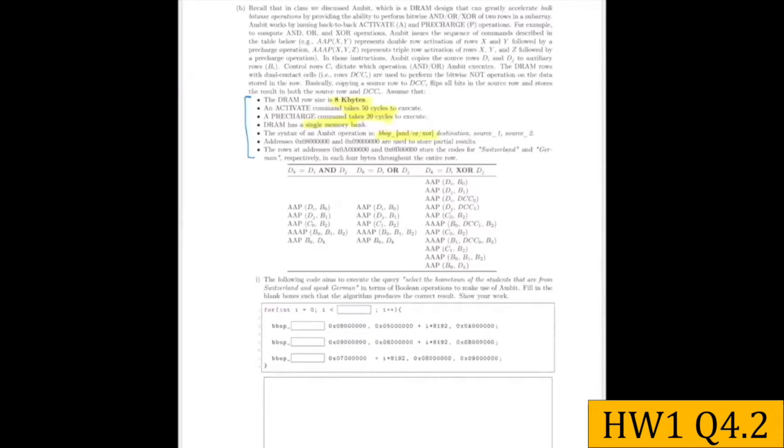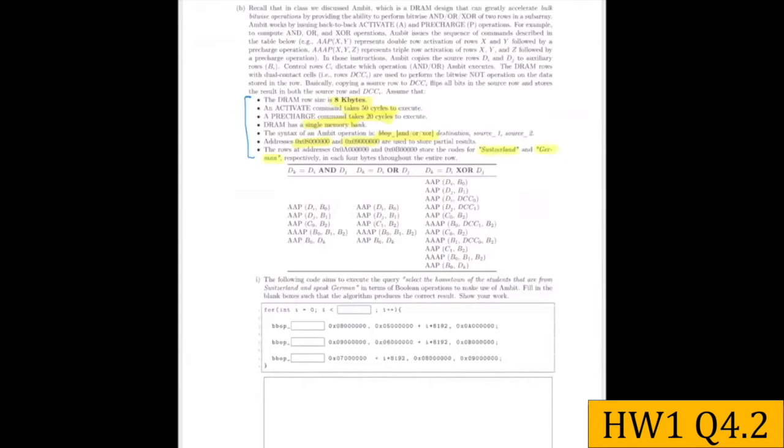You have the destination array, and then the addresses of some rows in the subarray that are used to store partial results. And then you have the row addresses that store the constants that you're going to compare with, so Switzerland or German over here.